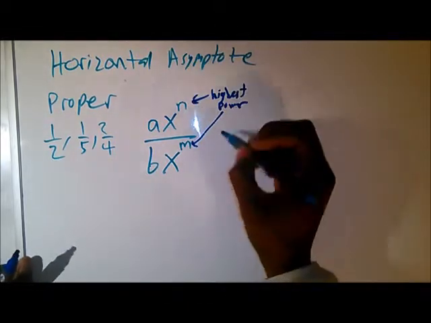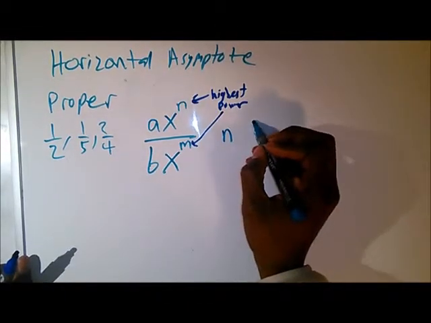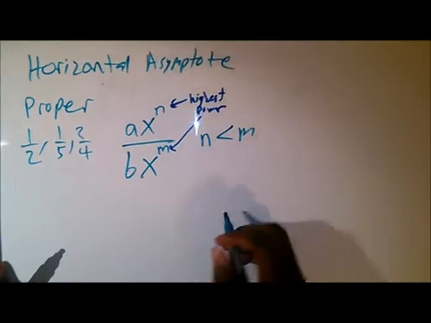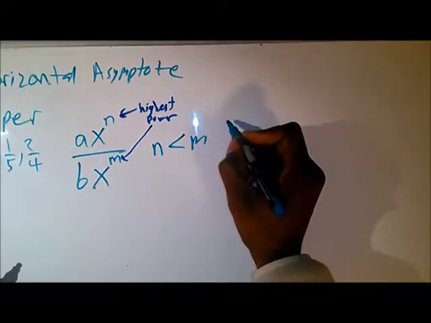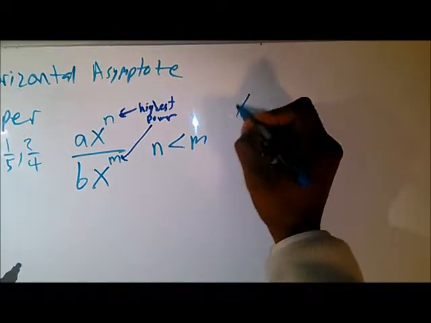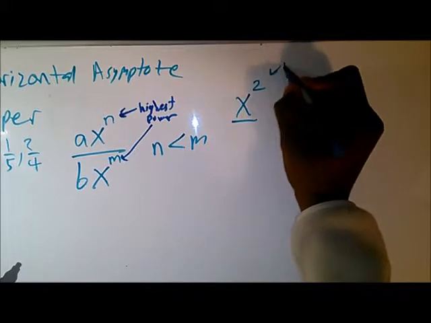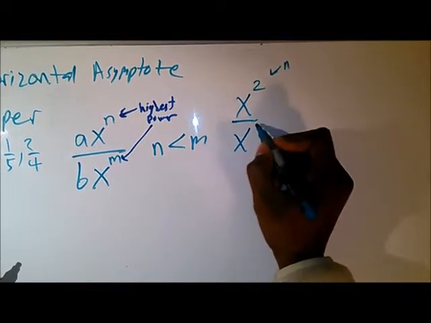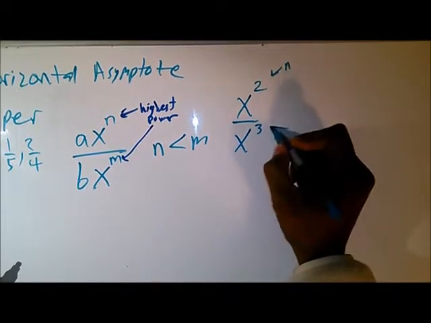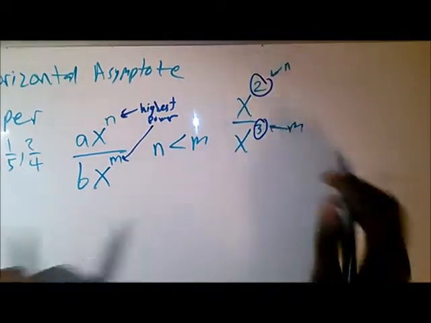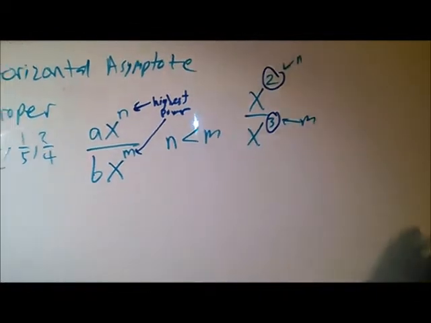So n is less than m, right? Like this. For example, if we have x to the 2 power, that's our n, and the bottom we have x to the 3 power, I'm going to call that m. 2 is less than 3, right? n is less than m.